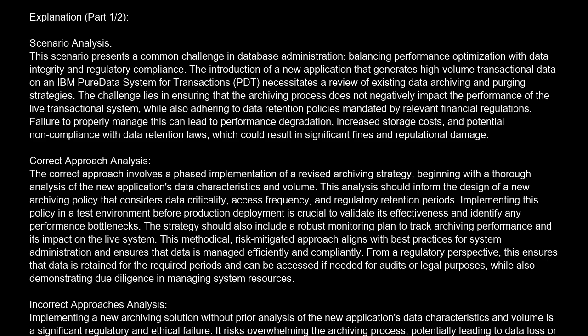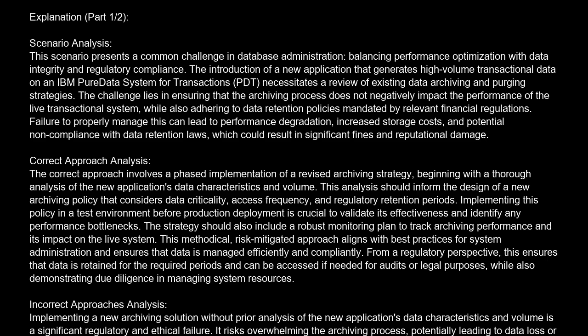Correct approach analysis. The correct approach involves a phased implementation of a revised archiving strategy, beginning with a thorough analysis of the new application's data characteristics and volume. This analysis should inform the design of a new archiving policy that considers data criticality, access frequency, and regulatory retention periods. Implementing this policy in a test environment before production deployment is crucial to validate its effectiveness and identify any performance bottlenecks.